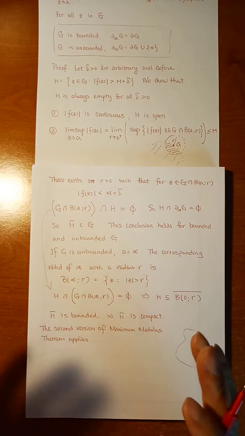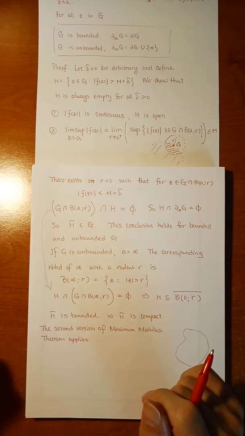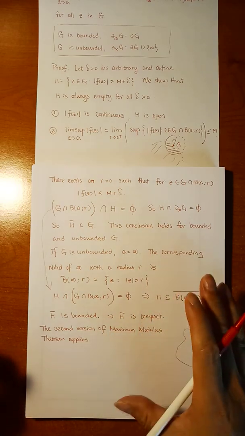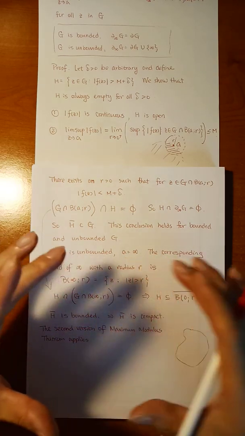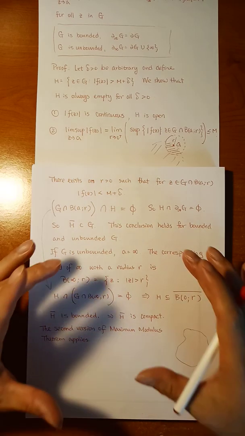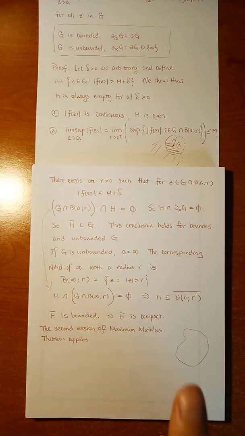Whenever you have a compact set, then you can apply the second version. Because in the proof, we emphasized that when G is bounded, the image of G is also bounded, and the closure is compact, then you can find the special point A.